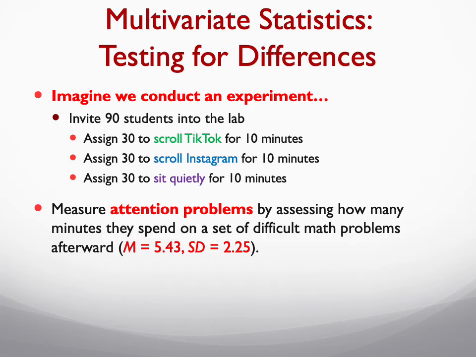On average, they're spending in this sample about 5.5 minutes. And the question for me is, do I see differences between these groups in how long they're spending on this difficult task? In essence, are they showing more or less attention problems based on the activity that they've participated in prior? And the ANCOVA is what's going to allow me to compare these three groups simultaneously.